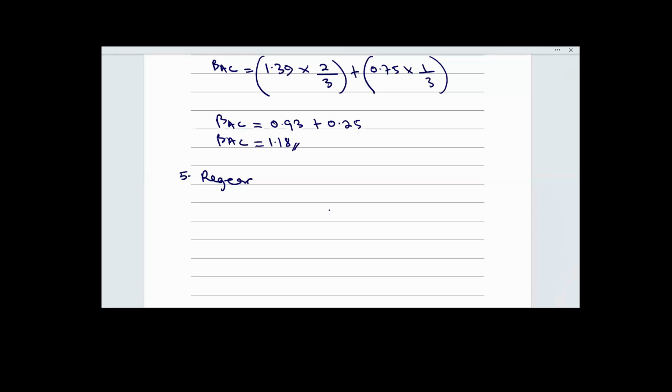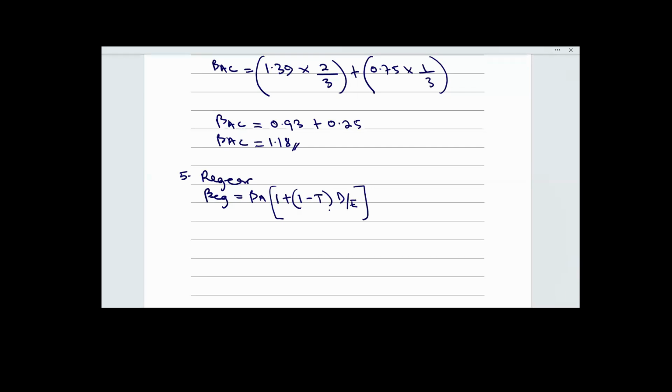Therefore, I would then say beta equity of a gear. Since the examiner has told us that debt beta is risk-free, so beta assets multiplied by 1 plus 1 minus tax multiplied by debt equity proportion of the company.